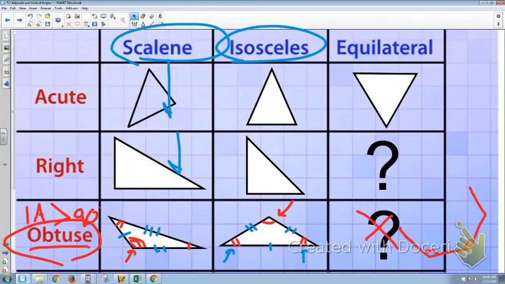As soon as I try it, there's no way I can join this third side to this third side without creating something that's not a triangle. So an obtuse equilateral triangle does not exist.